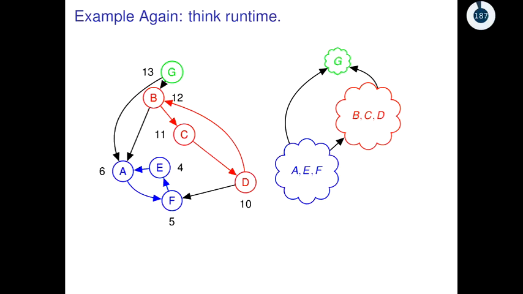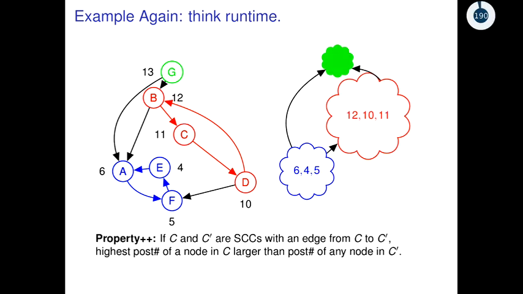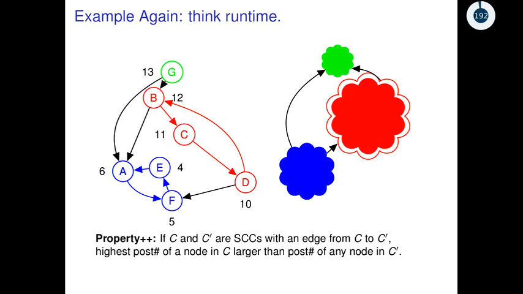So here's the example again. I don't know, you probably saw it. First, what I did is I reversed the arcs here. Once I reversed the arcs, I run DFS on this. G is going to have the highest post-order number because G is in the source component for this graph. And then I remove G, and then this one and this one.